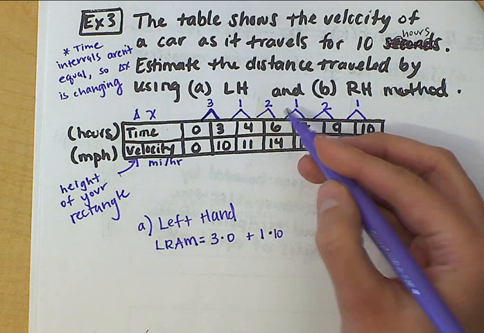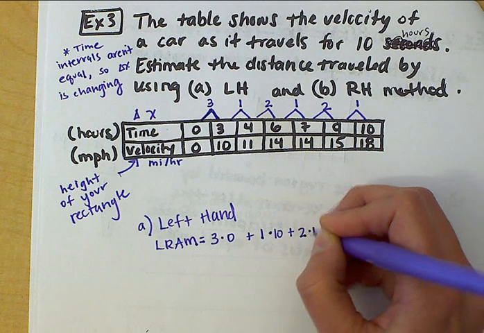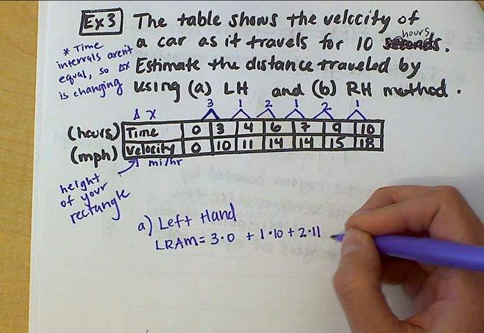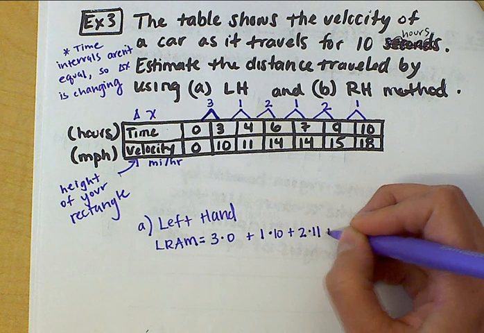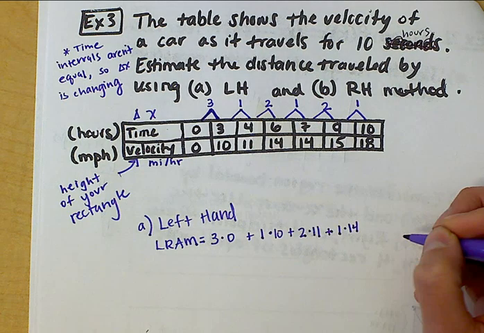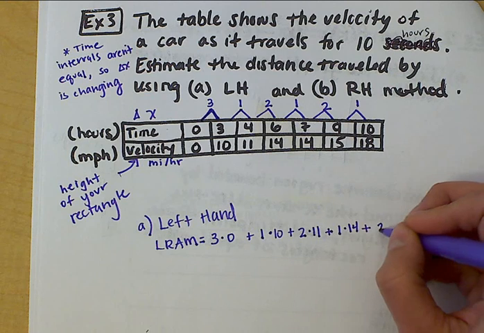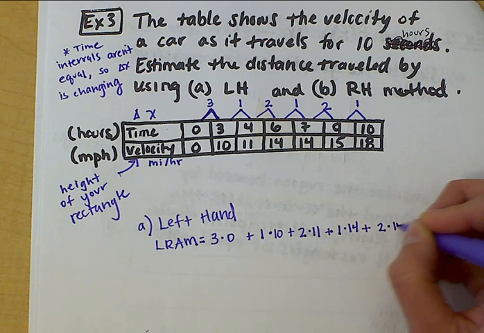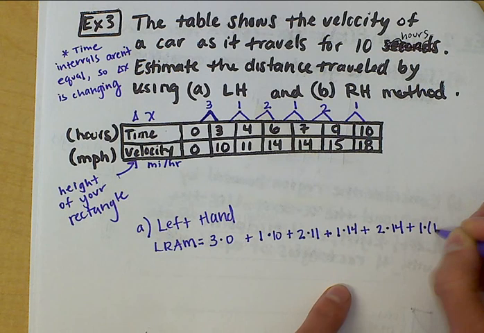Third rectangle, the change in x is 2, and the height is 11. The fourth rectangle has a width of 1 and a height of 14. The fifth rectangle has a change in x of 2 and a height of 14. And then the sixth and last rectangle has a change in x of 1 and a height of 15.